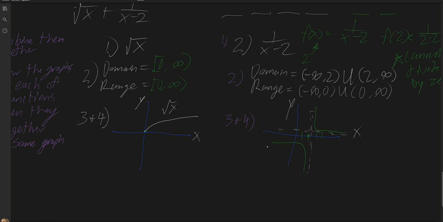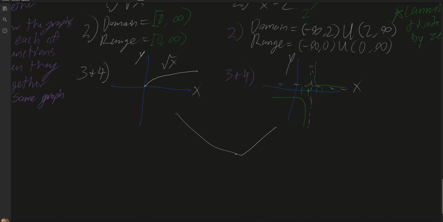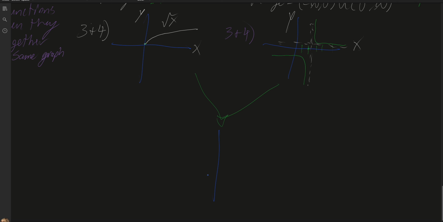Now, if we were to combine them together, this would be step 4, the most critical point. Actually, let's do a different color. Combine them together. We would typically have a graph that would look like this. And draw a better one. There we go.